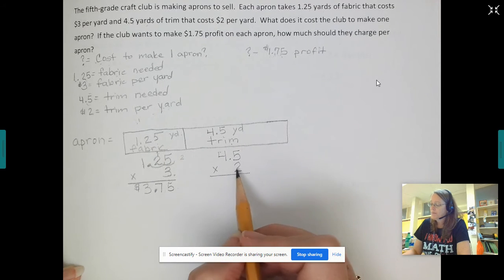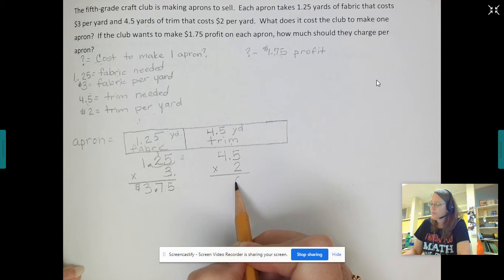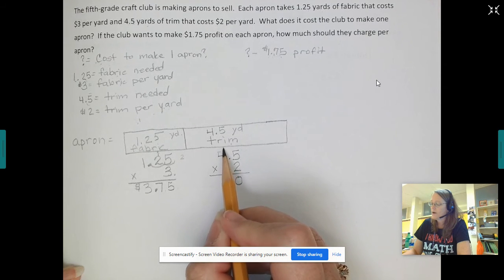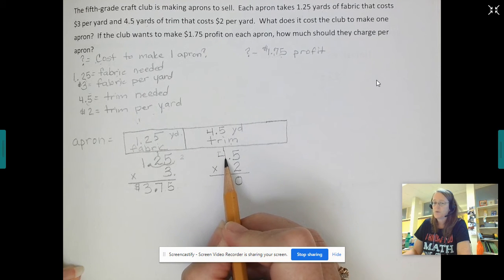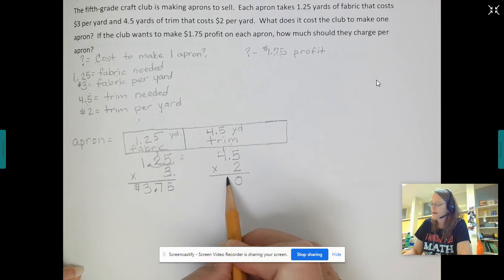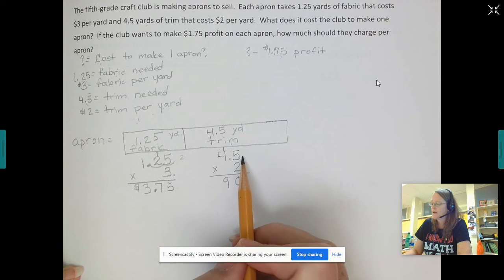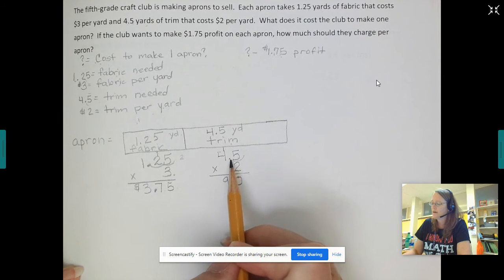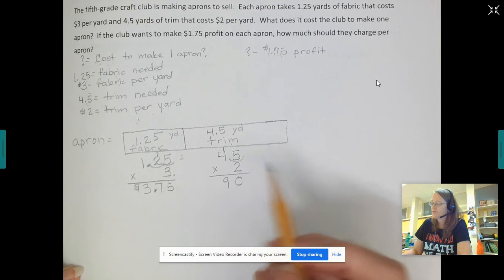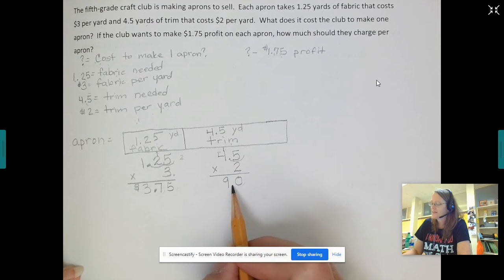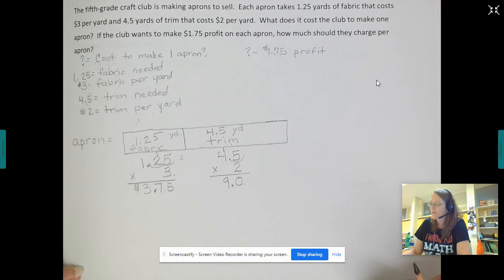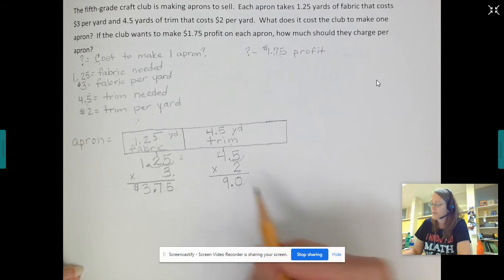The trim, 2 times 5 is 10. Put down the 0, carry the 1. 2 times 4 is 8, and 1 more makes 9. Count the number of times the decimal moves in the factor, and it moves that same amount of time in the product. So, folks, that's pretty expensive for the trim.